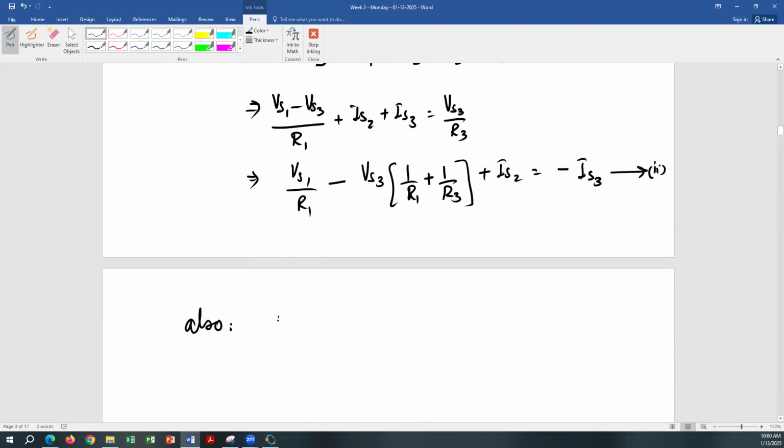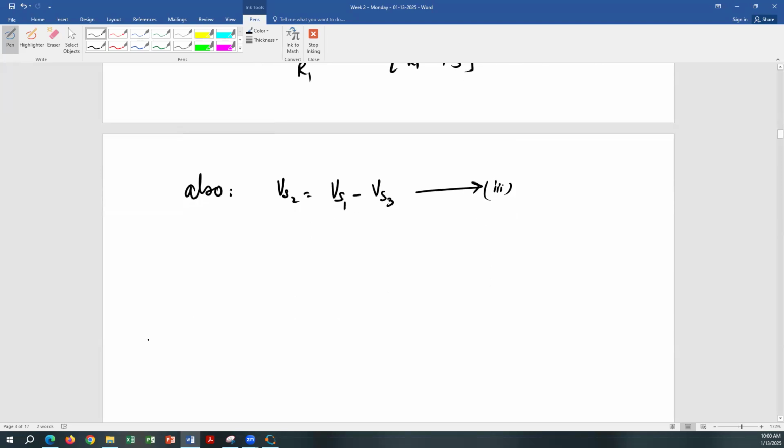Of course, IS2 is 0 in this equation; the coefficient of IS2 is 0. So we have 3 equations and 3 unknowns. Let's go ahead and solve them.